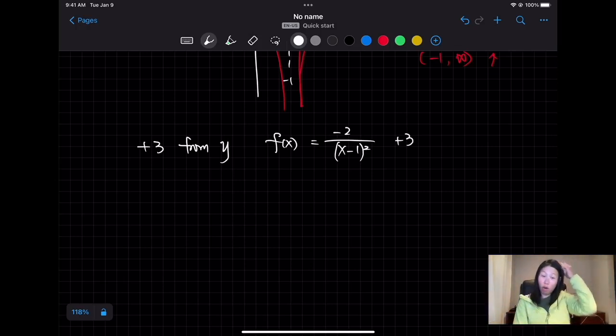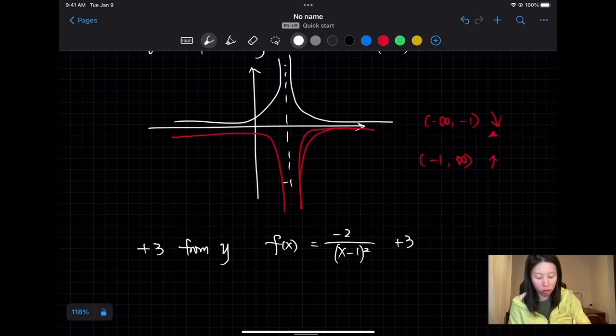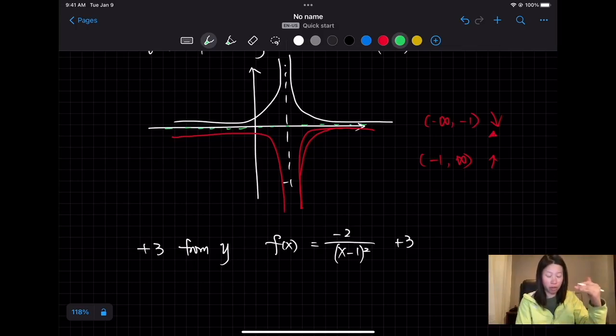So that means the whole function shifts up. So you may see that there is an asymptote in here. They never pass the x-axis. So since you add 3, you are going to have what? A vertical shift up 3 units.